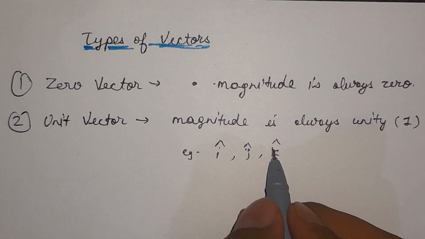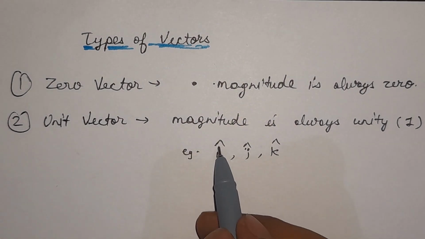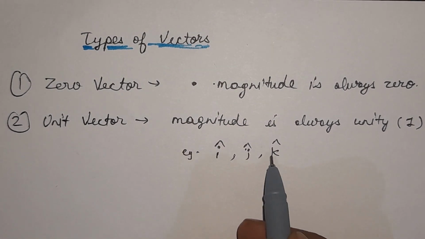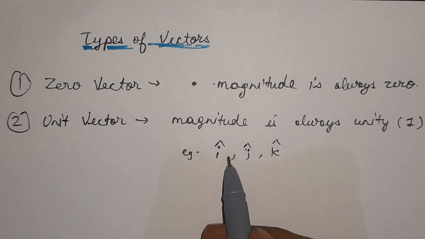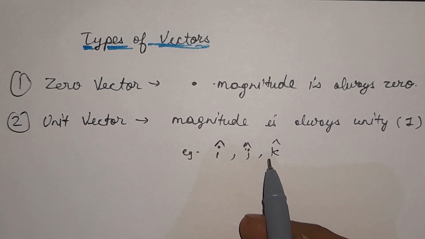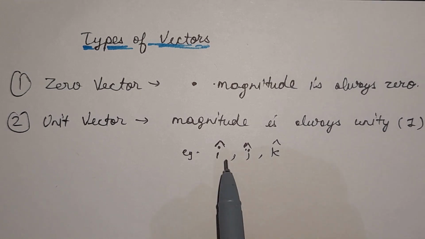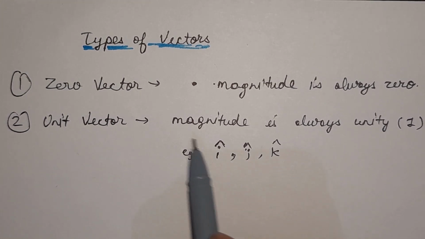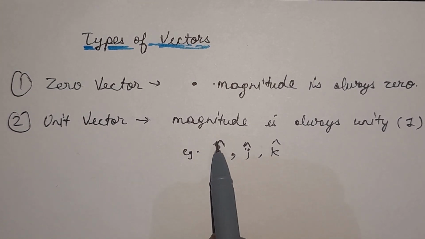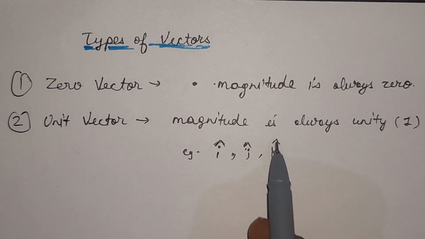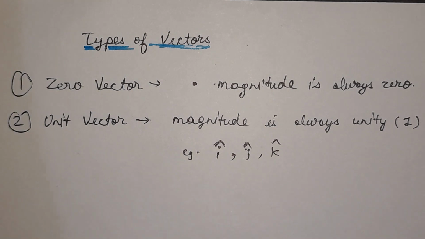Further you will learn that the unit vector of the x-axis is i cap, y-axis j cap, and z-axis k cap. So unit vectors are represented with a cap. For example, if a vector A is given, to find its direction you will first find the unit vector, and then assign a cap, i cap, j cap, or k cap for the axes.